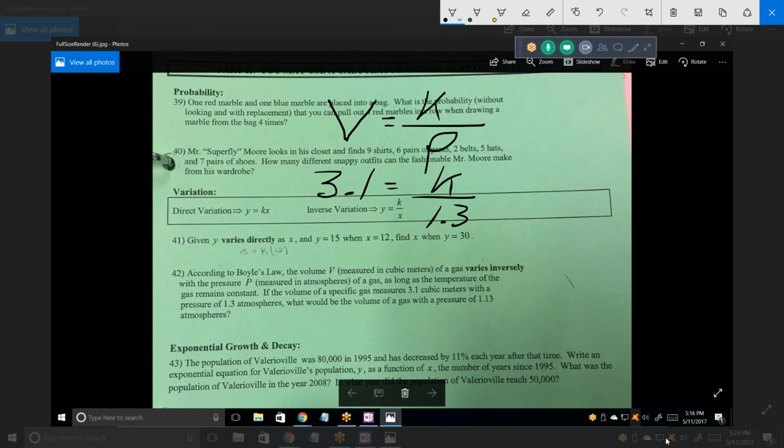No, it's this one at the moment. That's for the second part of the question. In order to figure out K, they're always going to give you a V. In other words, they're going to give you all the variables you need to solve for K. They've got to give you a V and a P, which will let you solve for K. So K is equal to 3.1 times 1.3, which is what?